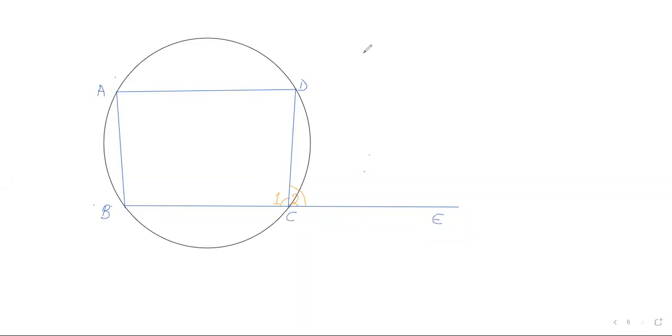Now, angle C1 plus angle C2 is equal to 180 degrees. And the reason is that a straight angle is formed there.